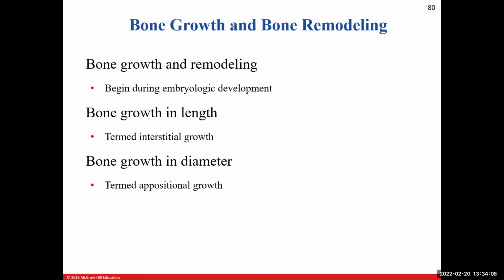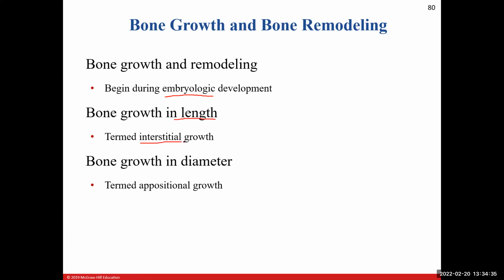So just a quick review here, when we're talking about bone growth and bone remodeling, yes, both of these phenomena do occur during our embryological development. And that's going to be around 8 to 12 weeks into the gestation period. So knowing this, we'll talk about here in a few moments how bone grows lengthwise.